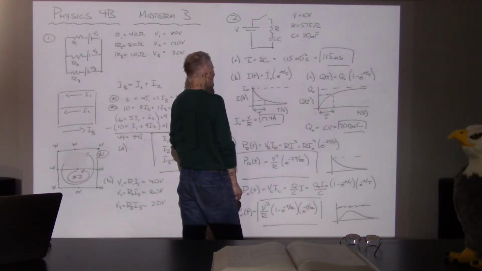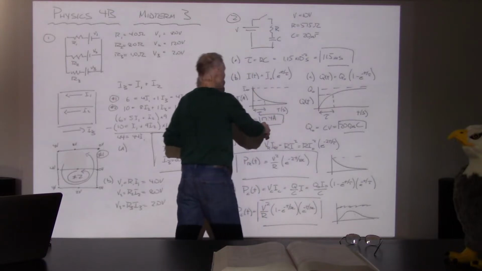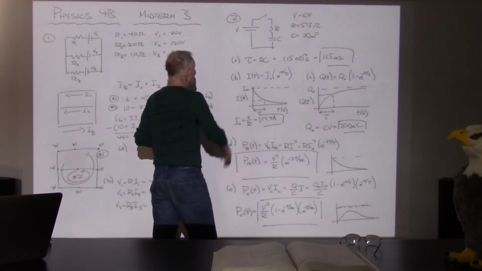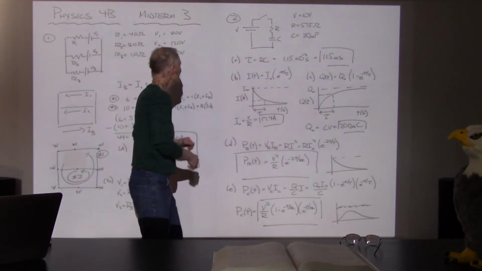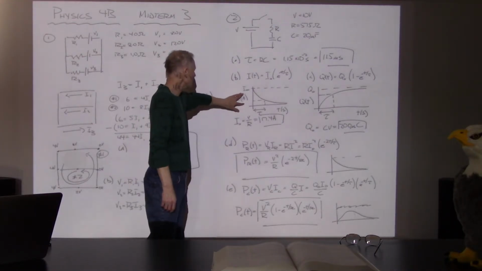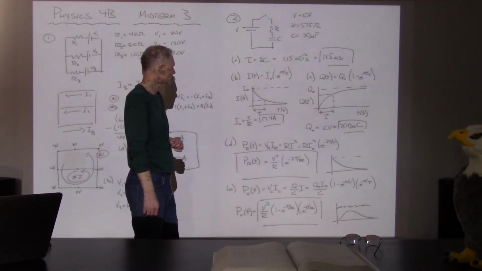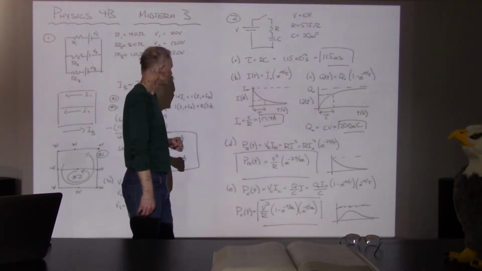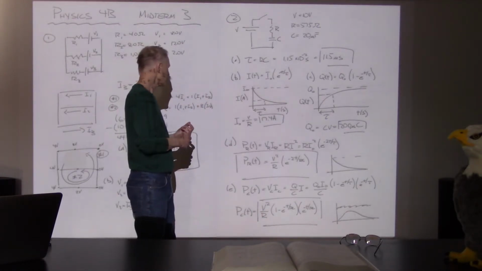These units should be coulombs, or nanocoulombs or something. This is Q as a function of time. This could be current as a function of time. Maybe this is the one I should change. I should say this is I as a function of time and then put amps somewhere else. Okay, sorry about that. I promise not to take off any points if you guys do the same thing in the midterm.